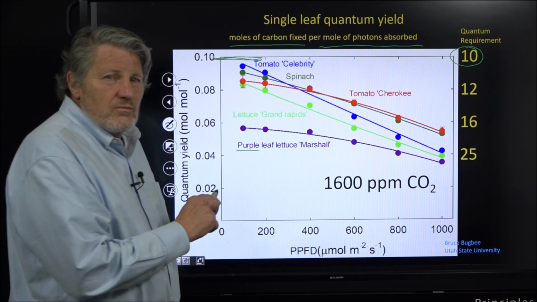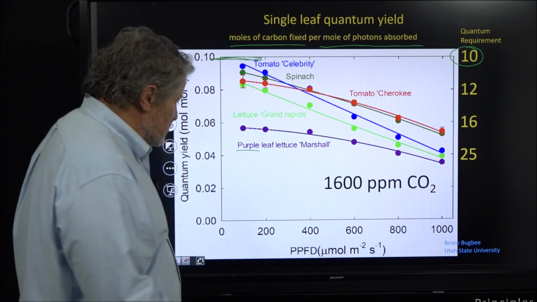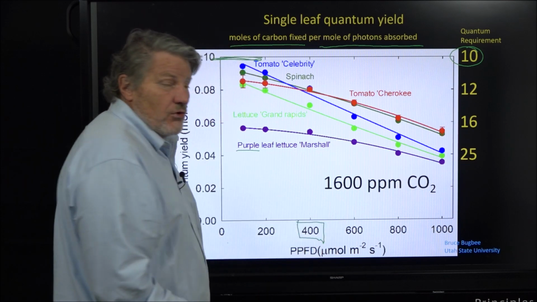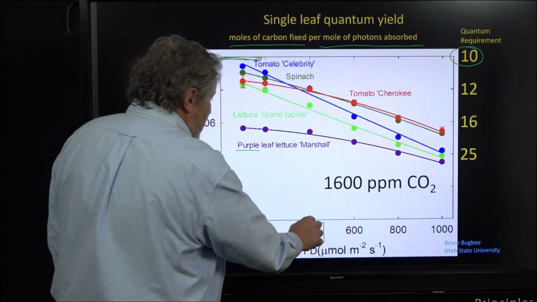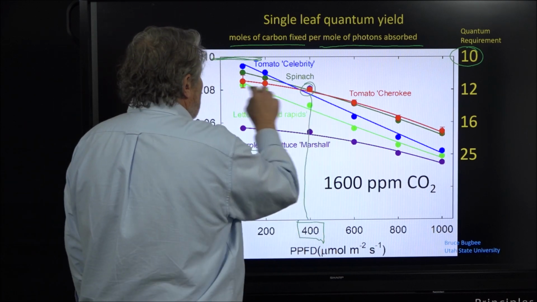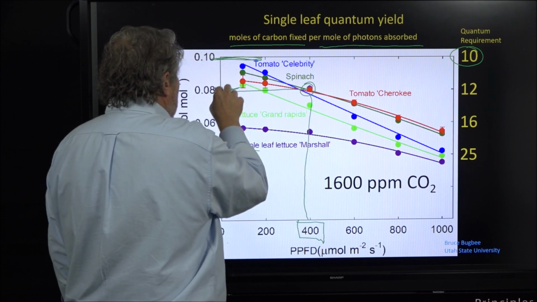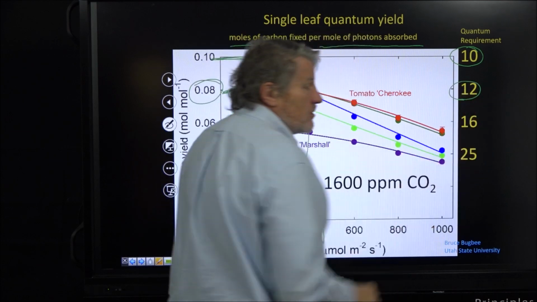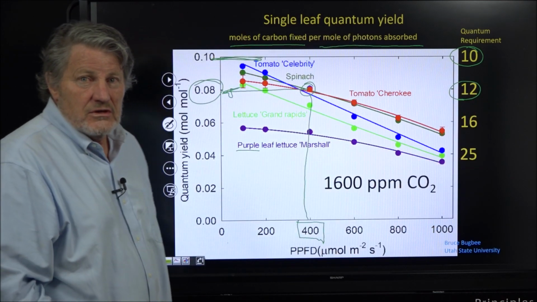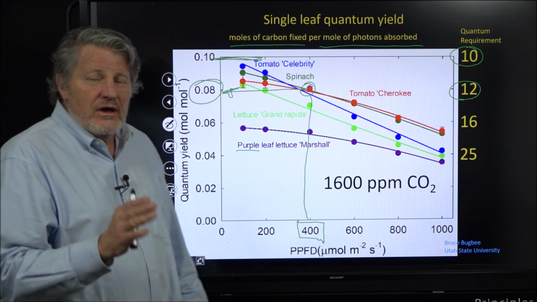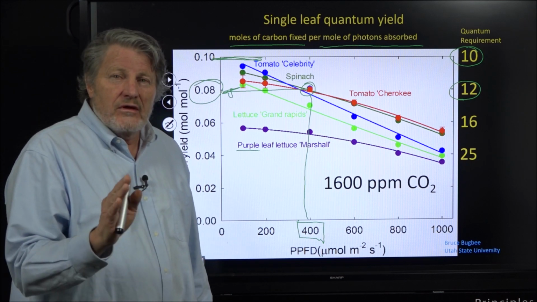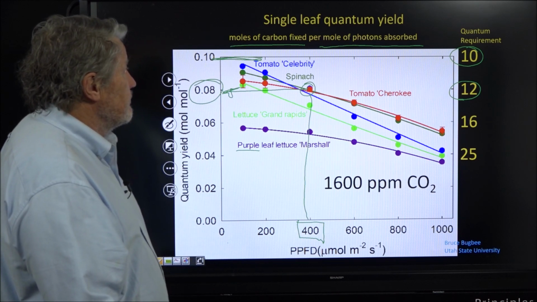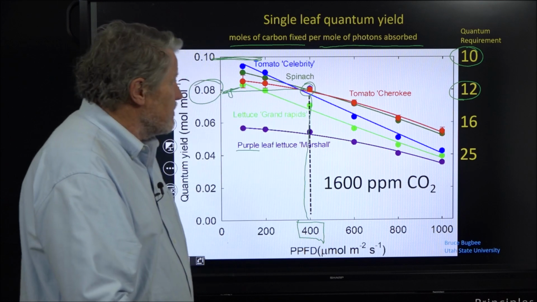So if we're going to be more real about this, let's assume that we're growing the plants at 400 micromoles, more typical, and we go up here, and we go across here, and we're at a quantum yield of 0.08 and a quantum requirement of 12. So let's take this now and refine our model of grams per mole of photons. There's 400.